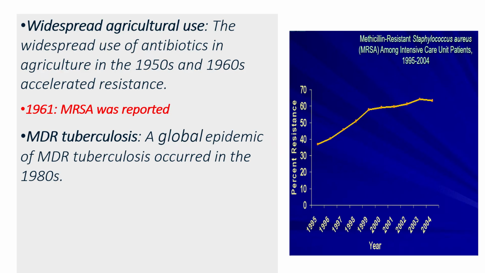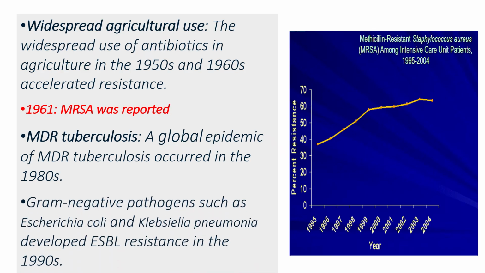A global epidemic of MDR tuberculosis occurred in the 1980s. Gram-negative pathogens such as E. coli and Klebsiella developed ESBL resistance in the 1990s.